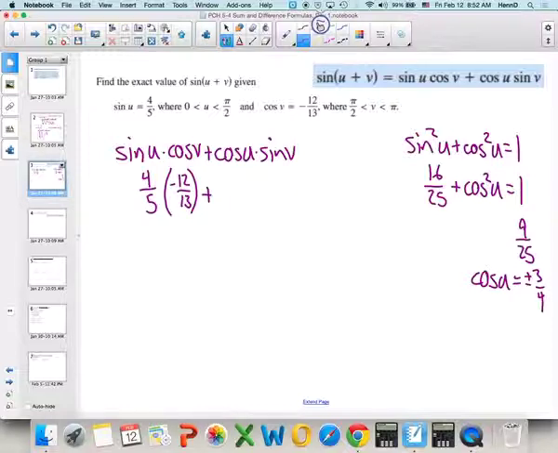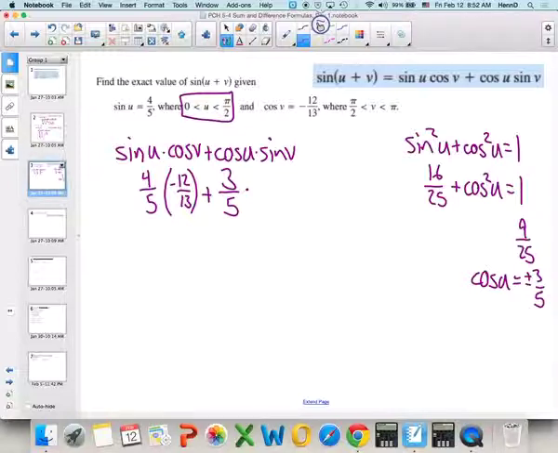But it's in the first quadrant, right? So which is it? It's plus 3/5. Now we know what goes in here. Everyone with me on this?